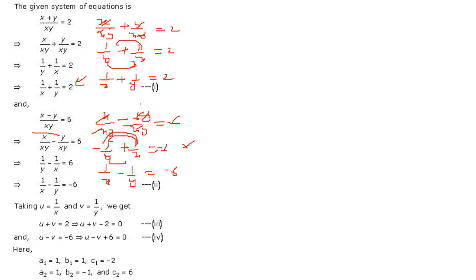Now what you can do here is, you can take 1 by x as u and 1 by y as v. So now the equation becomes u plus v equal to 2, bring 2 here. So u plus v equal to minus 2. And u minus v will be equal to minus 6, bring minus 6 here, so it will be plus 6. Now a1 is 1, a2 is 1, b1 is 1, b2 is minus 1, c1 is minus 2 and c2 is 6.